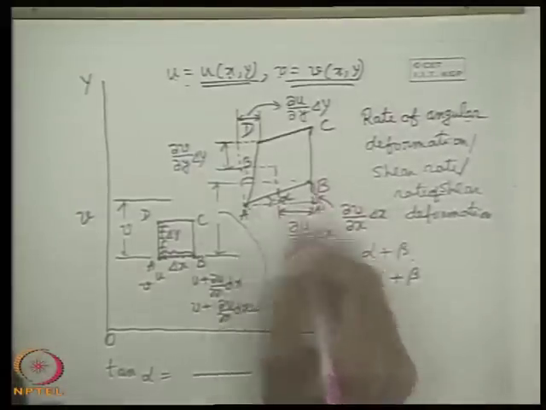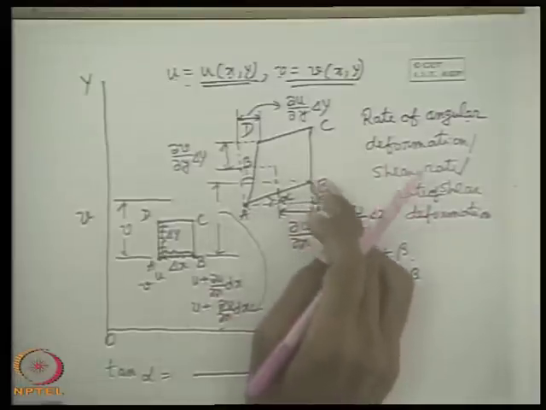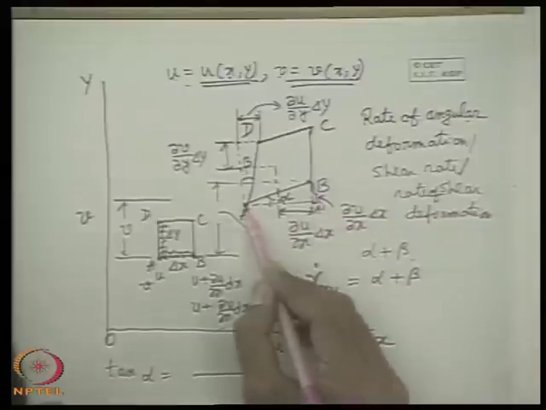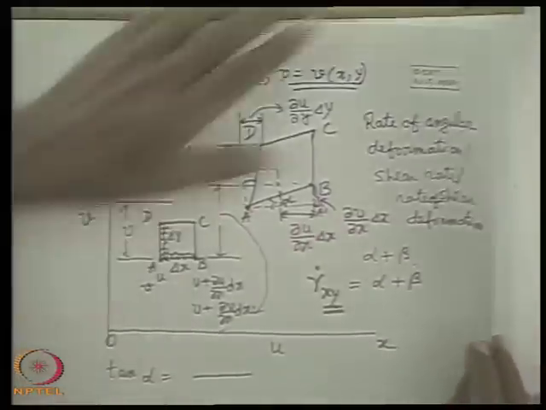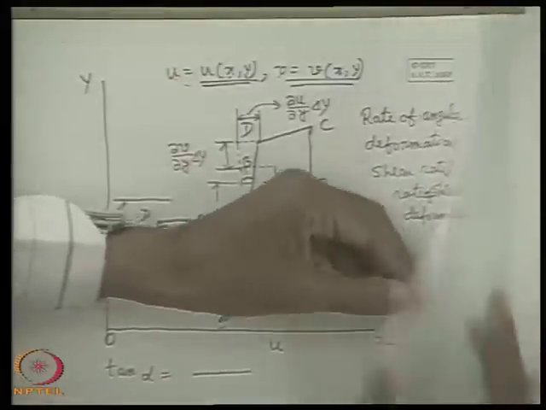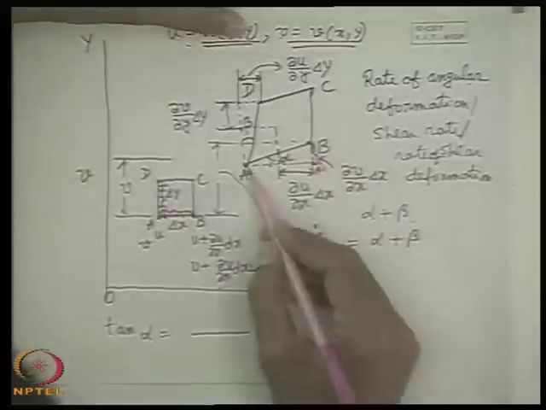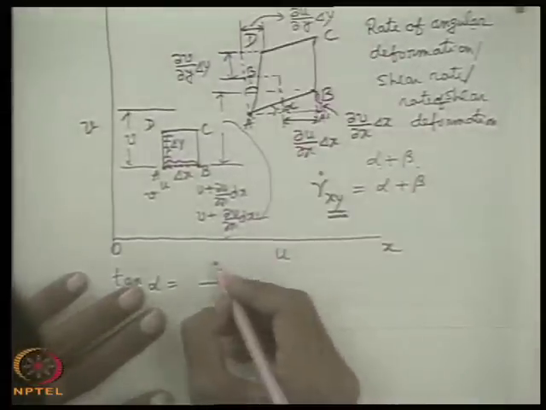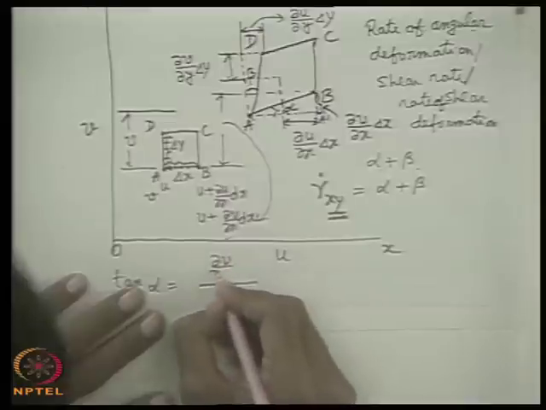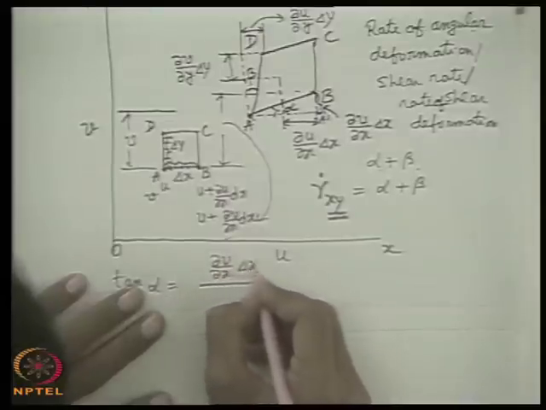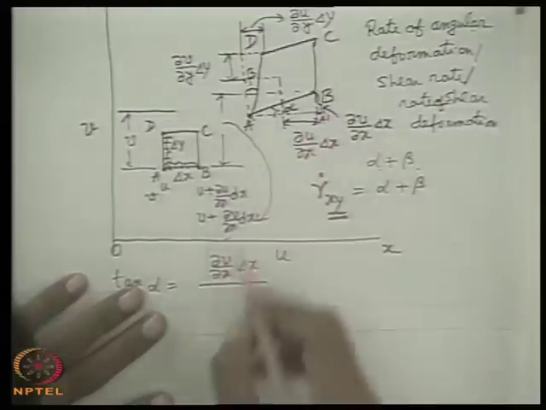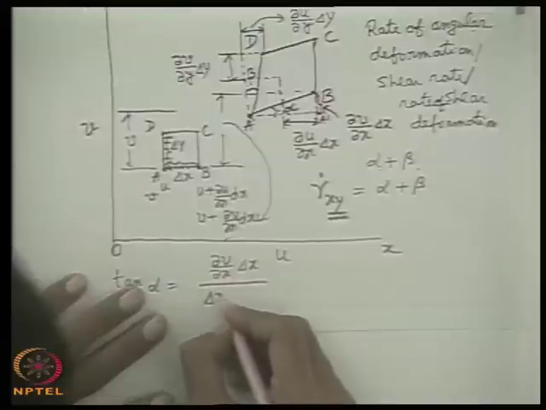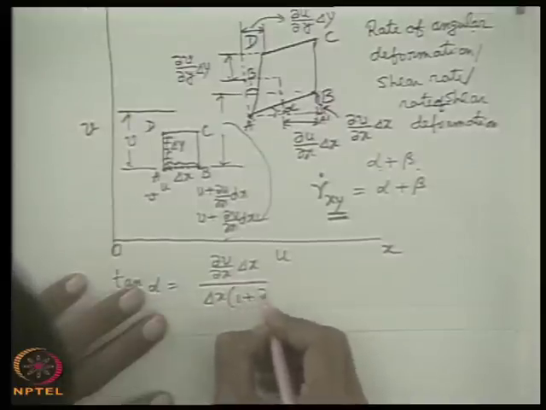A dash B divided by A A dash. So tan alpha becomes equal to del v del x times delta x divided by delta x into 1 plus del u del x.